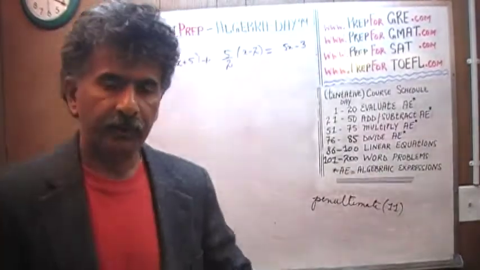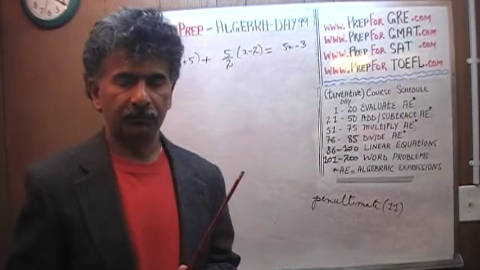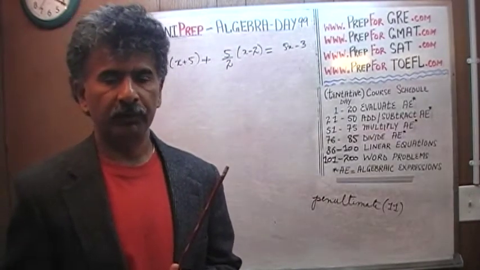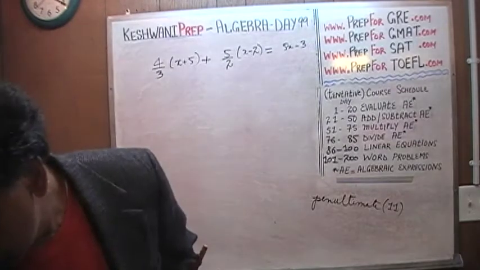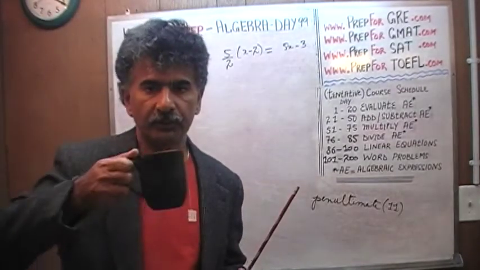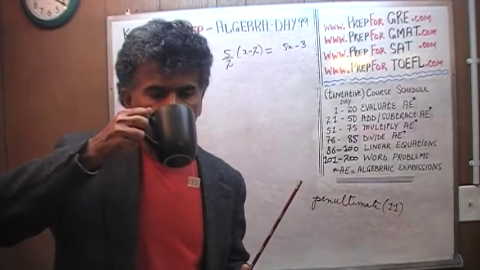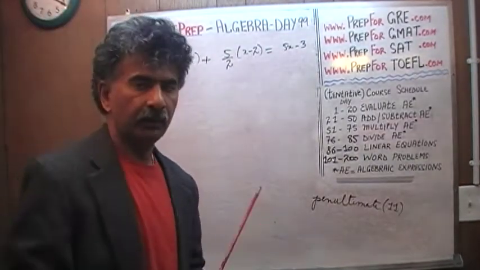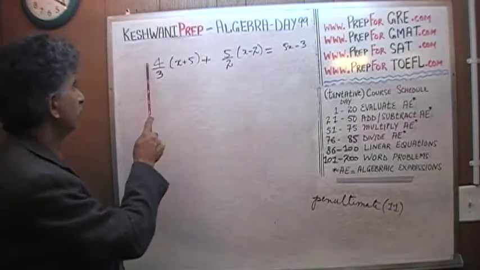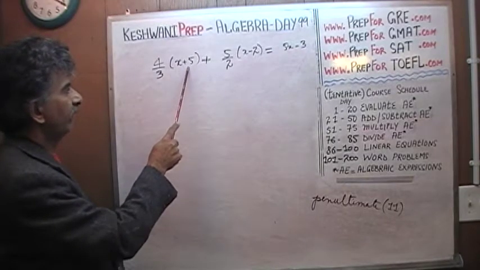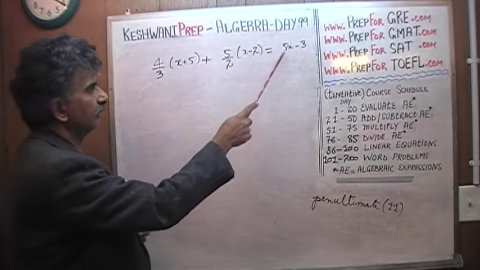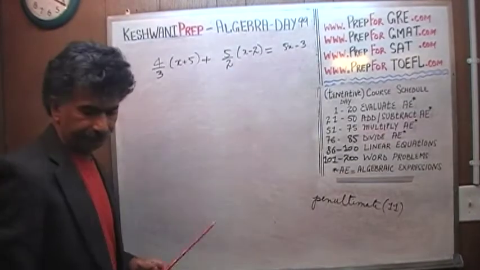And at this point, after taking the question down, if you want to pause the video, solve the problem yourself, and then you can resume it and compare the work that you did yourself, the answer that you arrive on your own, with the work that you and I are going to do together. Here's the problem: 4/3 x plus 5 plus 5/2 x minus 2 equals 5x minus 3.